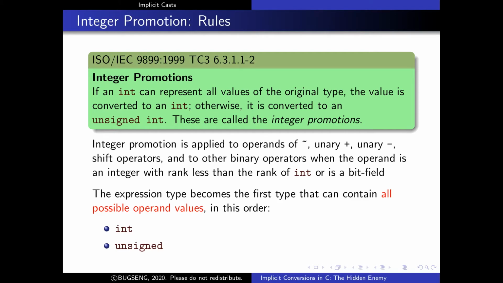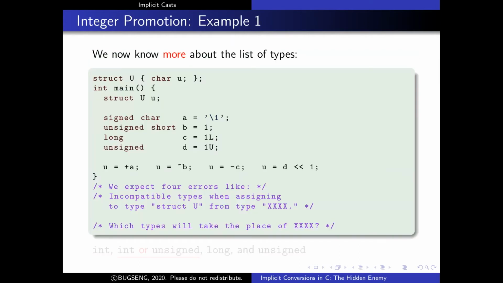Notice that I have written in red all possible operand values. This is a static decision. It does not depend at all on the actual value of an expression at runtime. It is a decision taken on the static types.